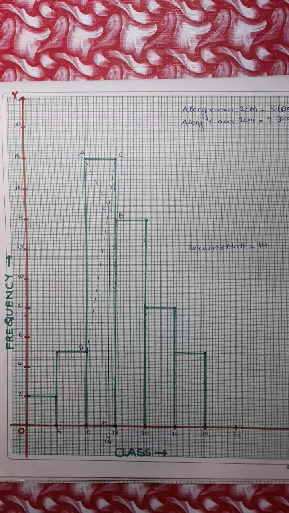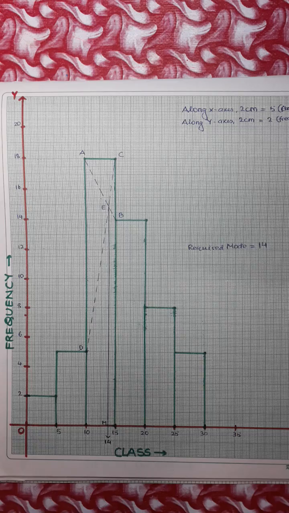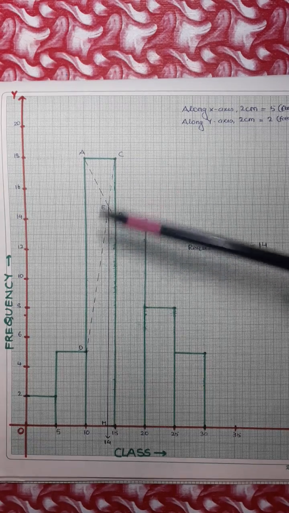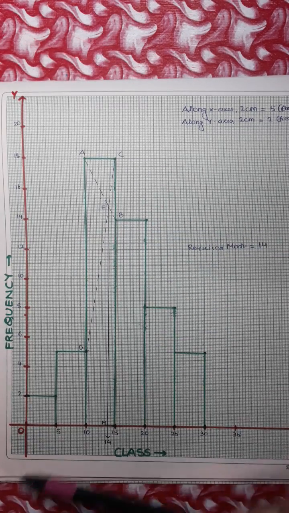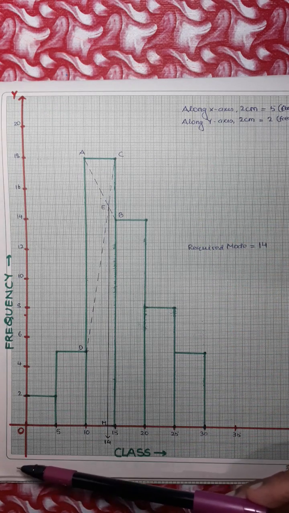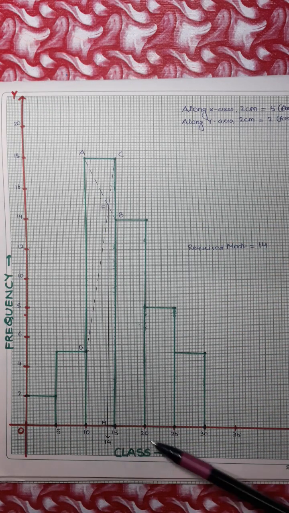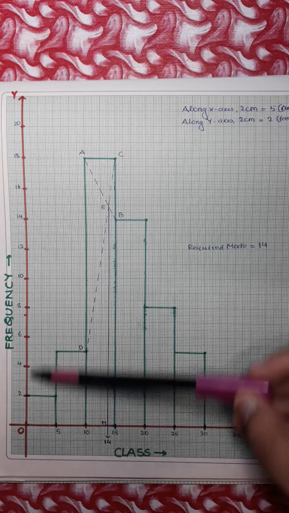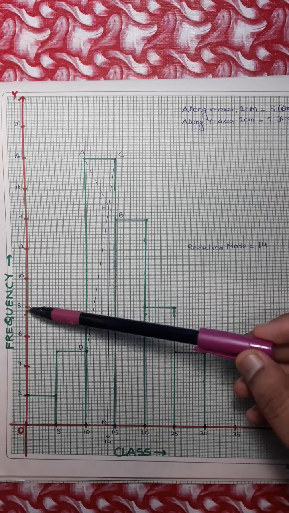Now dear students, in the graphical solution, first we must draw the x-axis and the y-axis. The x-axis will represent the class interval and the y-axis will represent the frequency.